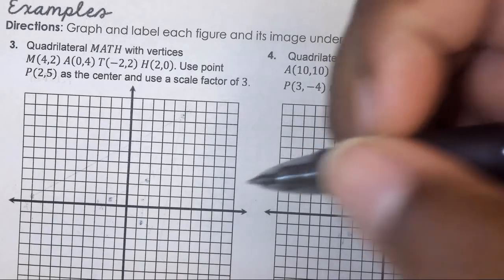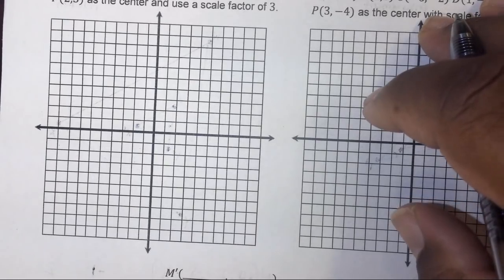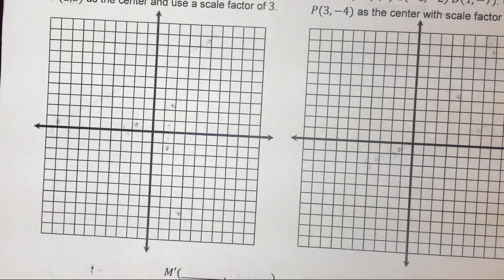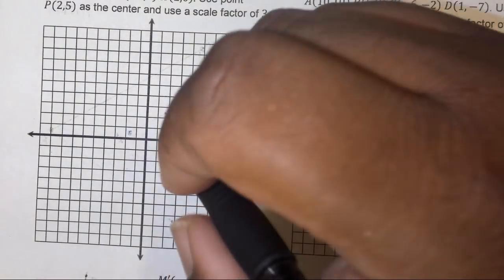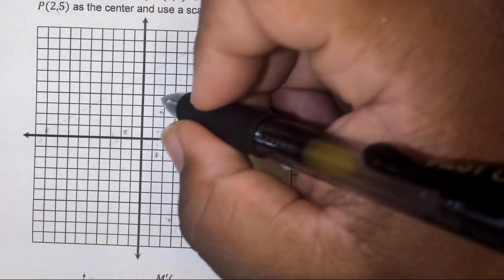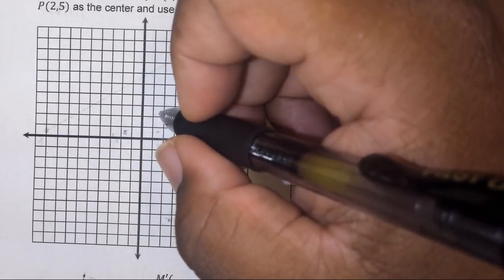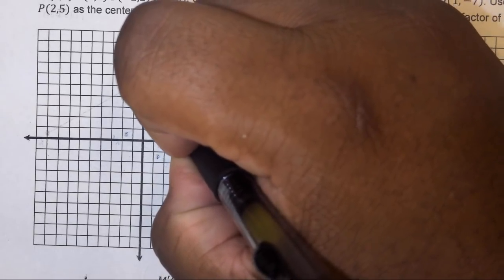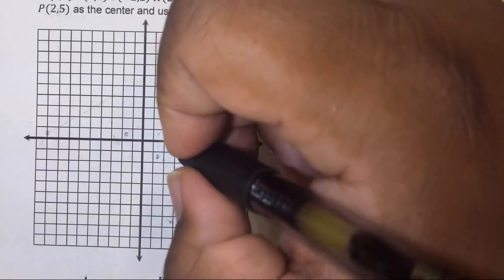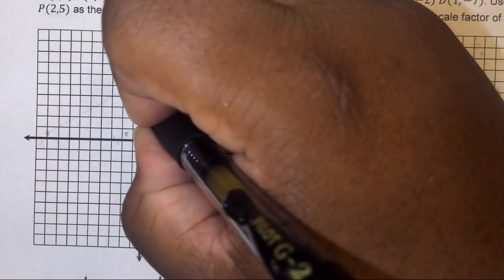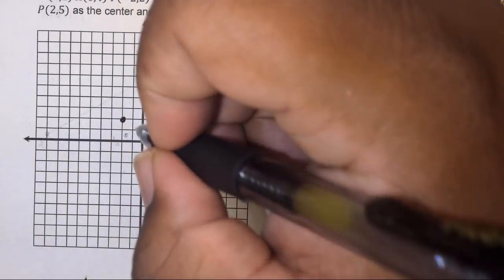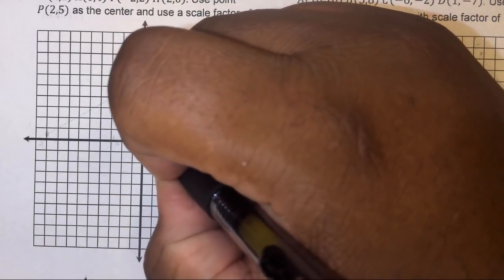Alright, so on this one, you have the math, which is 4, 2, so 4 over, 2 up, and then you have 0, 4 here, and you have -2, 2, and you have 2, 0, which is here.